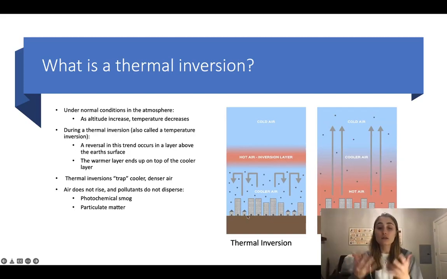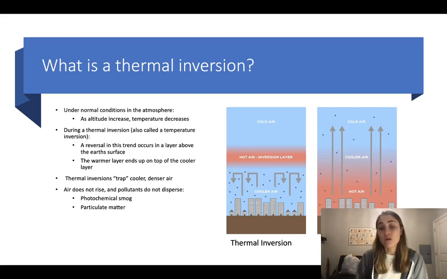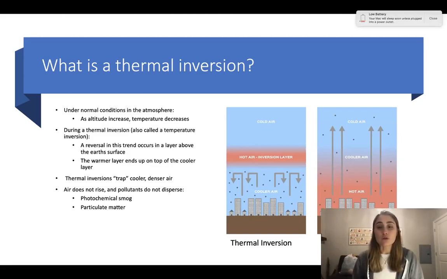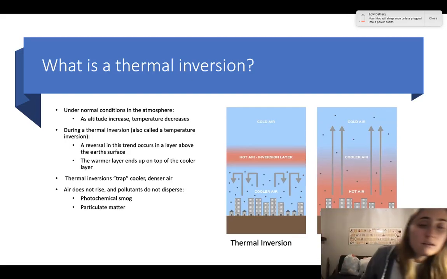So you get this cold air that sinks, that's really dense, and that just sits in all of those pollutants that we've been emitting. So whether that be particulates or emissions from combustion of fossil fuels, it all just sits there. And we really learned about this during our London smog activity. We learned about how air got trapped, it wasn't able to move, and in return, a heavy amount of pollutants ended up sitting in that area.